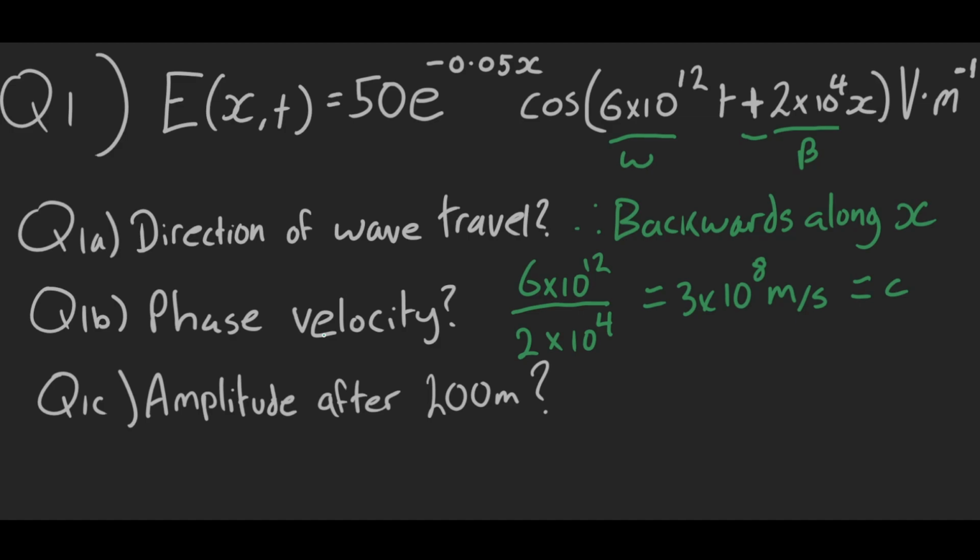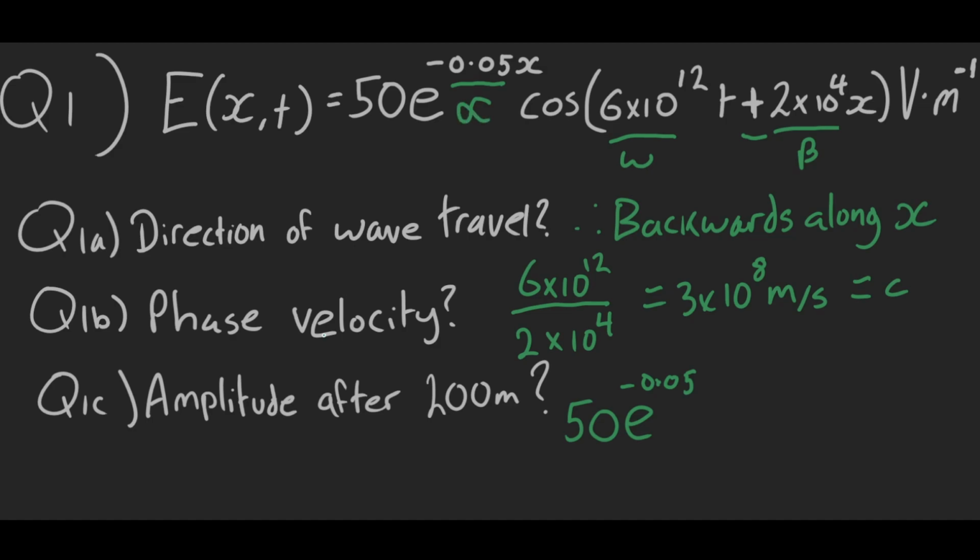Now question 1c, what's the wave amplitude after 200 meters of wave travel? So we just do a bit of plug and play here. We have 50 times e to the power of minus 0.05. 0.05 is the attenuation constant, isn't it? Just write that there.